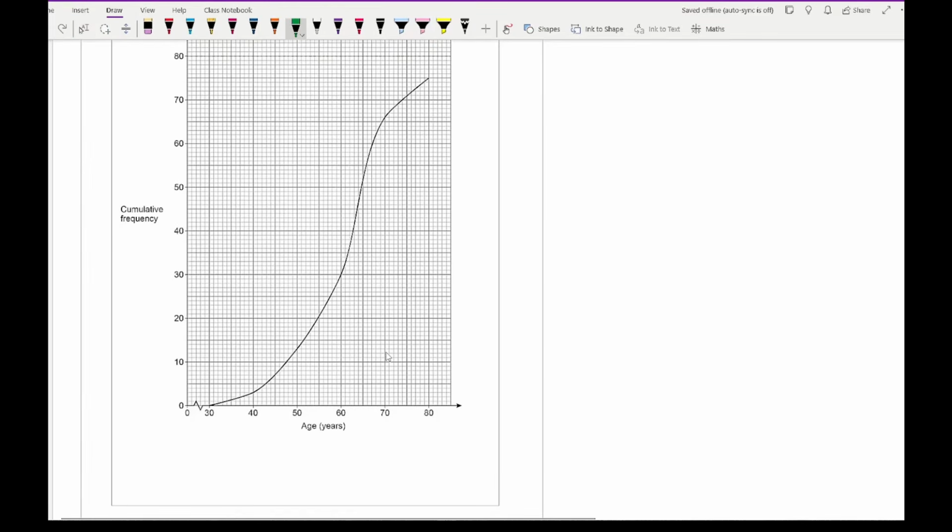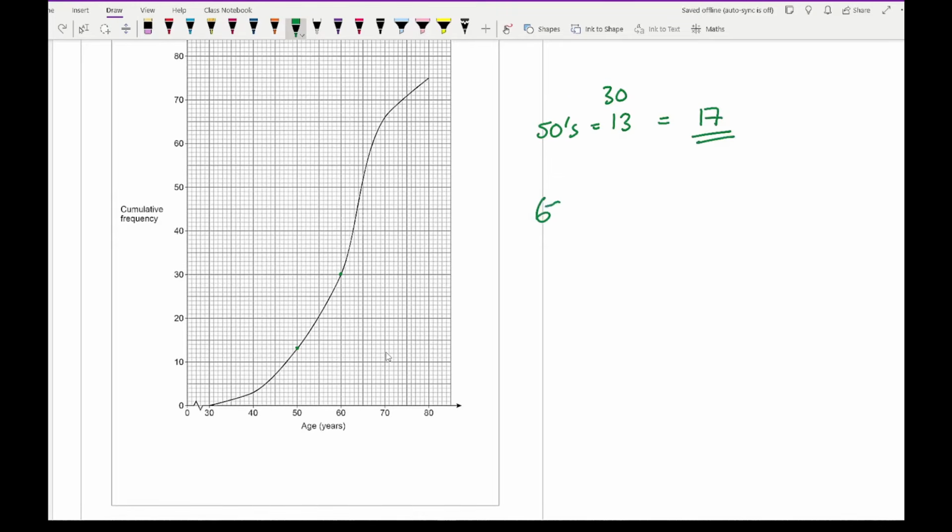So in their 50s, well, 50 or less, we're looking at, what's that, 13. And in their 60s, this point here is 30, so it's going to be 30 take away 13, which gives me an answer of 17.